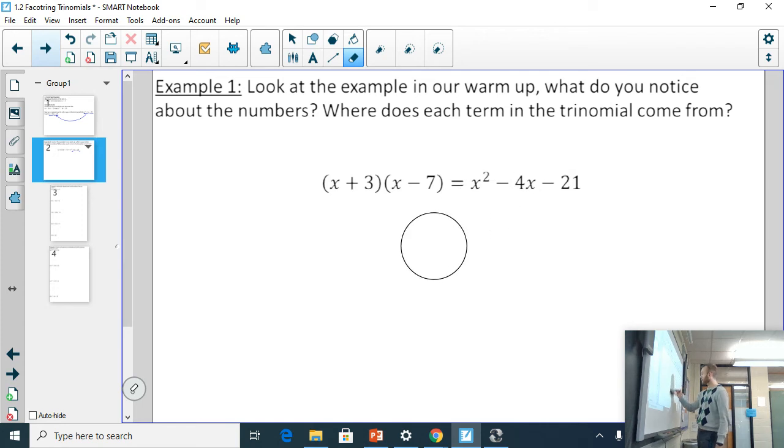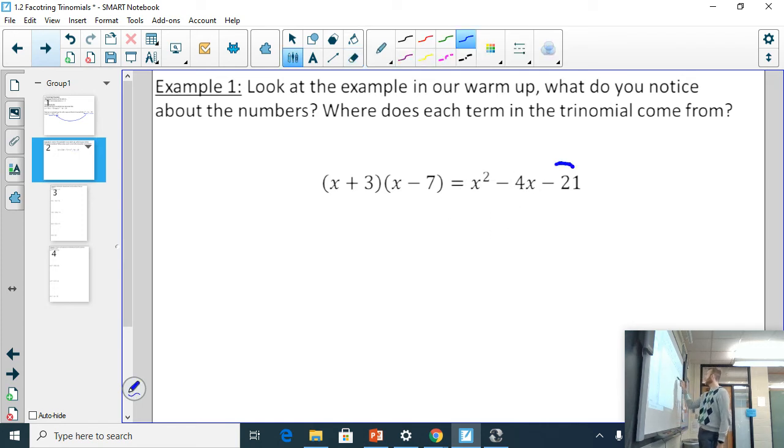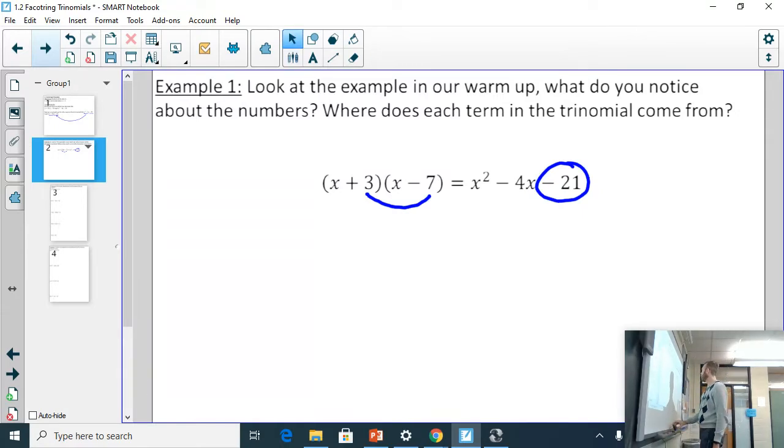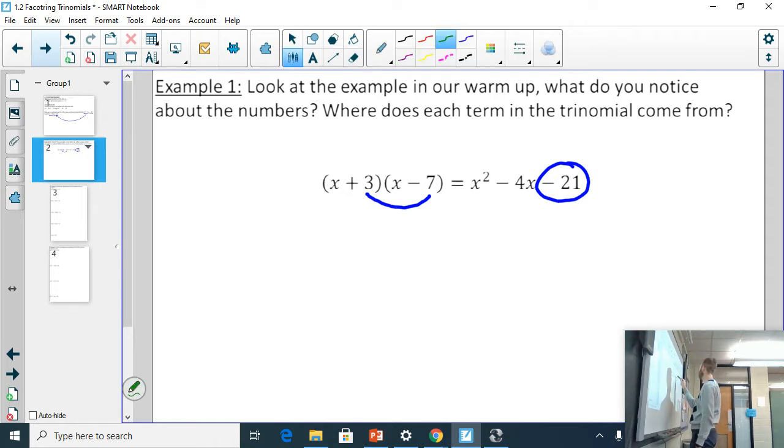The first one I want to focus on is, where does this negative 21 come from? If we remember multiplying it out, negative 21, similar to how we got x squared, comes from positive 3 times negative 7. So those last two numbers have to multiply together to get that negative 21. And then where does this negative 4x come from?